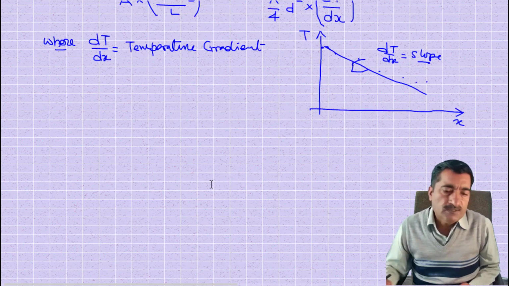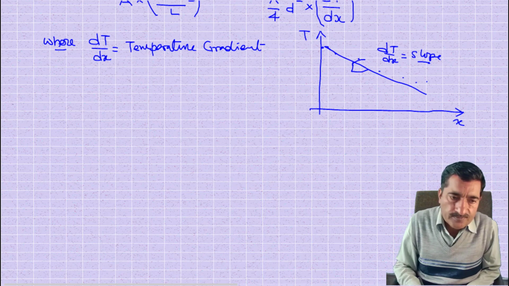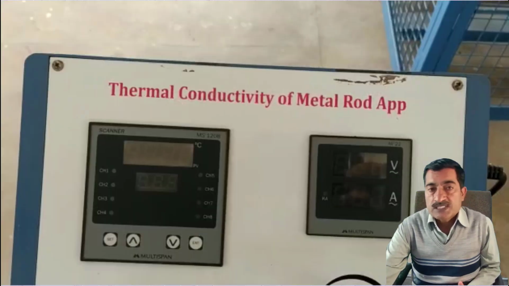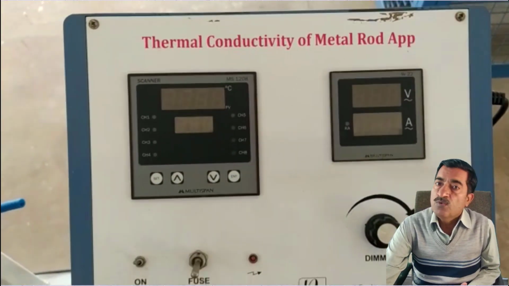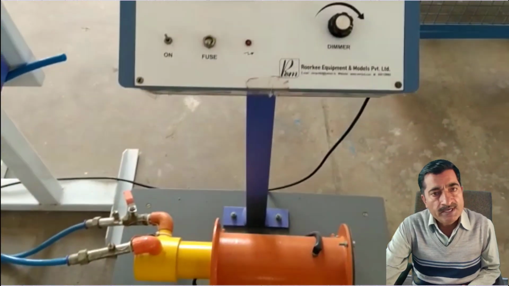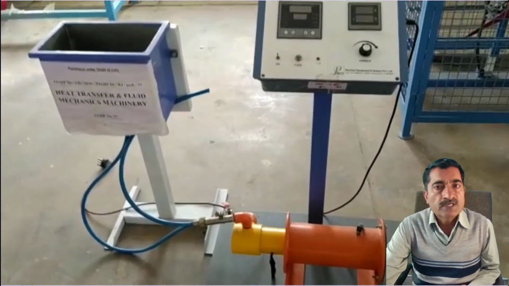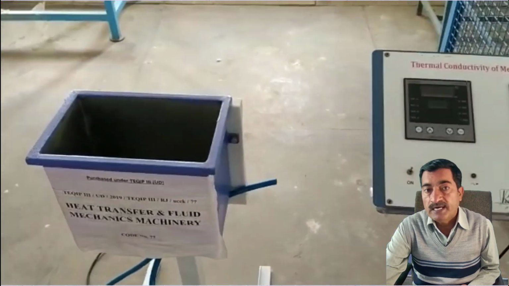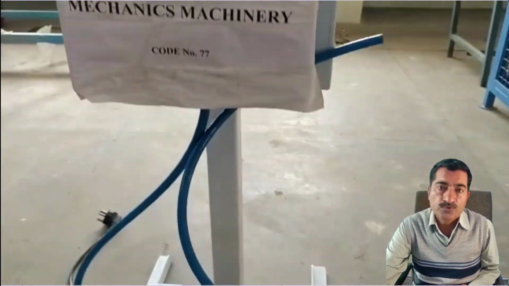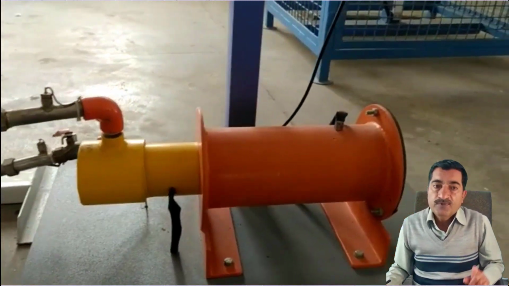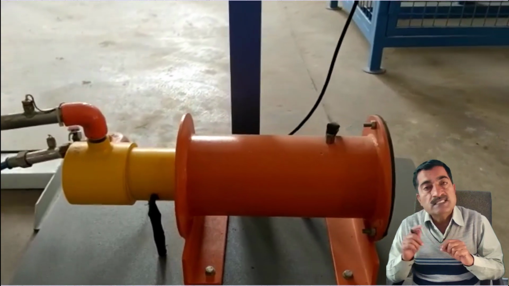Now procedure. First, start the water supply through the water jacket and regulate it to uniform flow rate. Second, put on the heater switch and adjust the heater input through thermostat. Third, wait until steady state condition is reached.